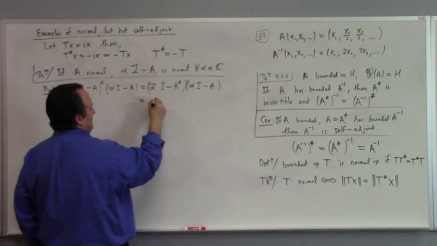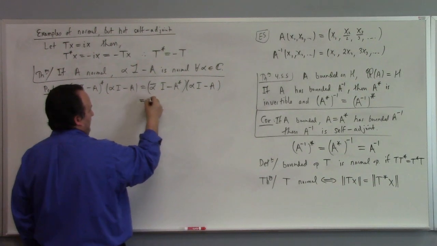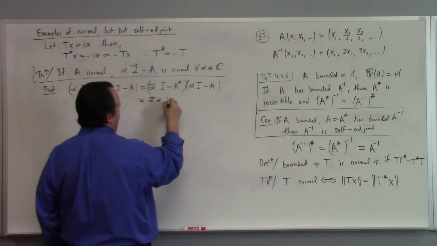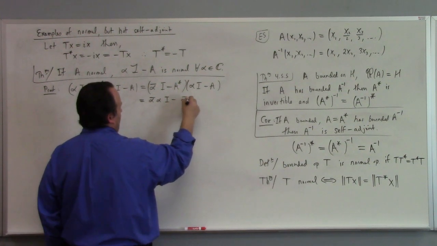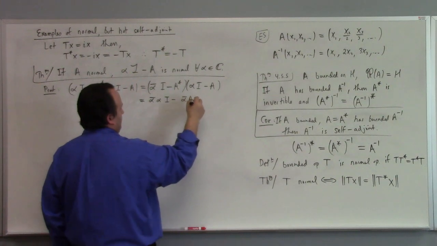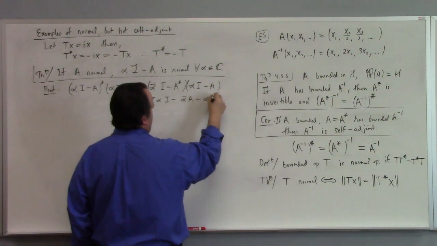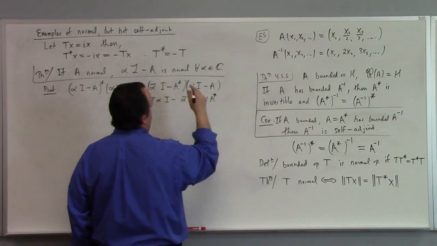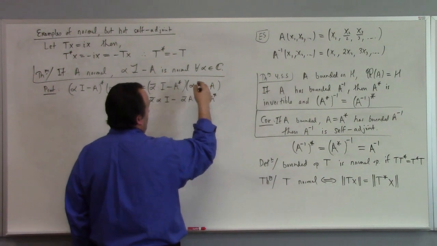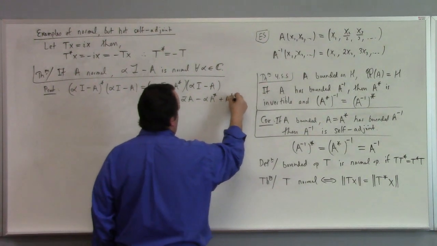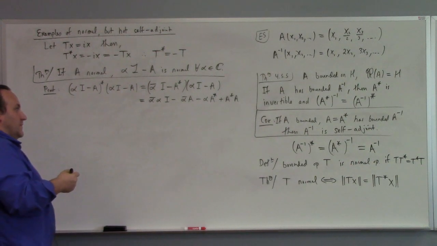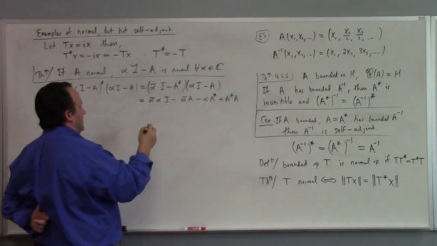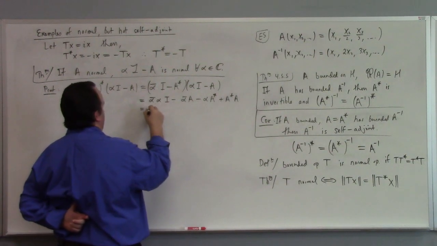But of course, then we get, so I'll write it out. So we have modulus of alpha squared, minus alpha bar A, minus alpha A conjugate, and I'm not writing the I because, whatever. And then plus A conjugate A. And you could just as well have written the other way.